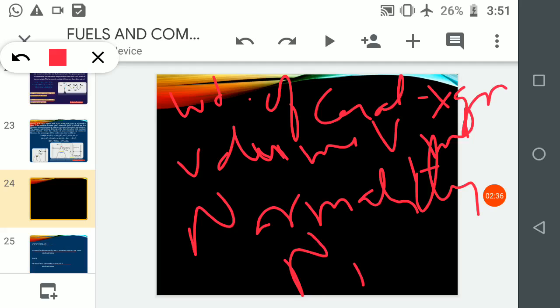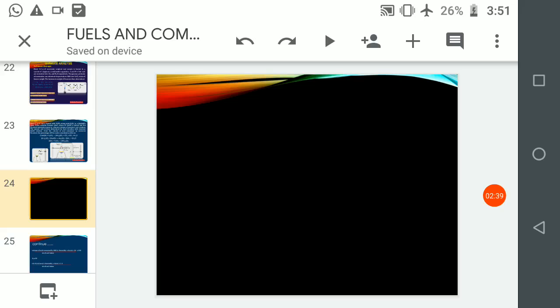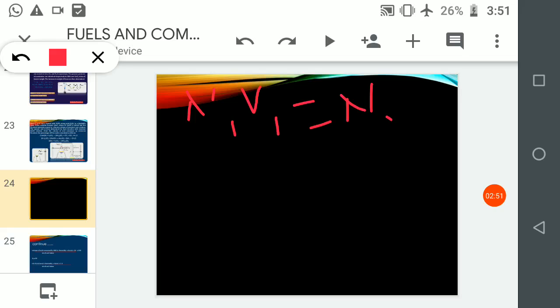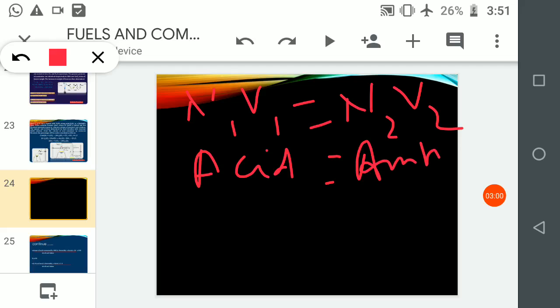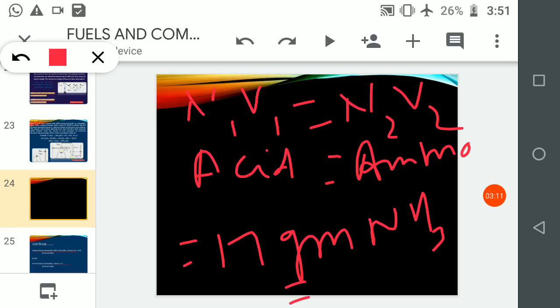As the acid and the base always react in equivalent proportion, by applying the normality equation, N1 V1 is equal to N2 V2. N1 V1 is acid and N2 V2 is ammonia. Now 1000 ml of 1N ammonia solution contains 17 gram ammonia, which means it contains 14 gram of nitrogen.